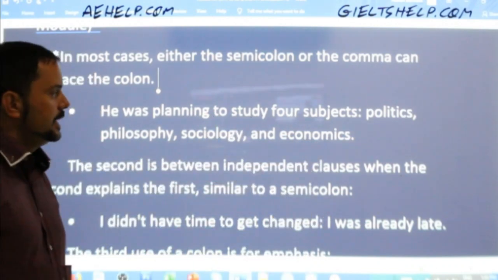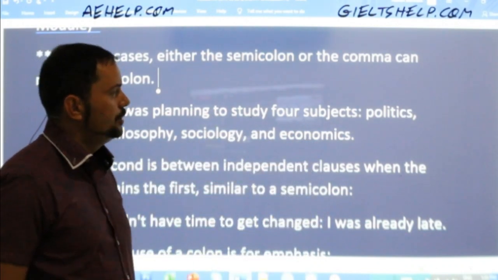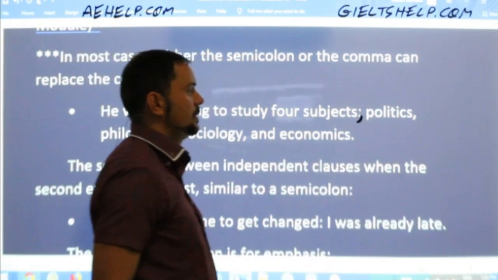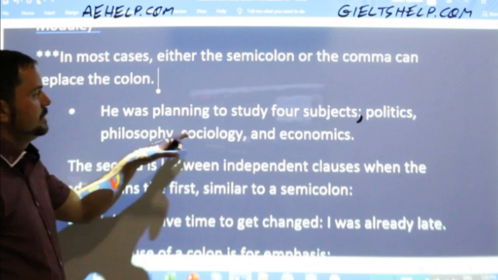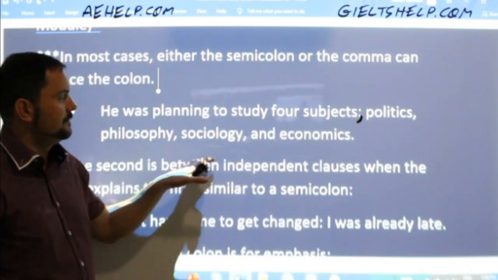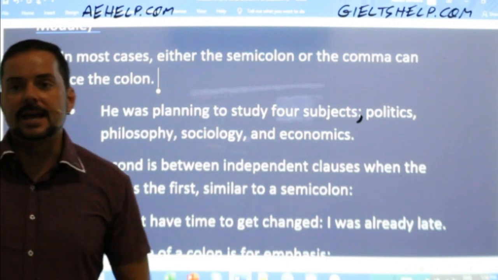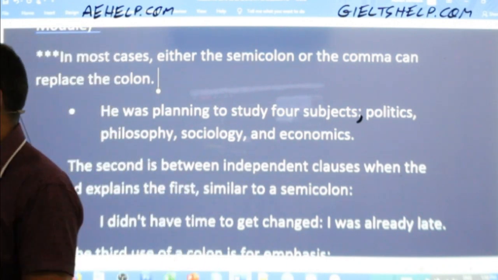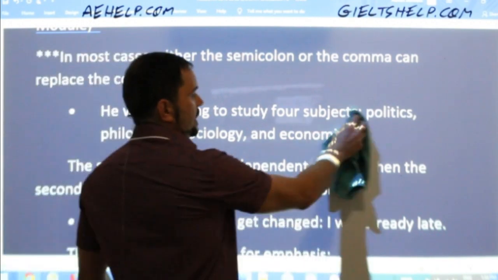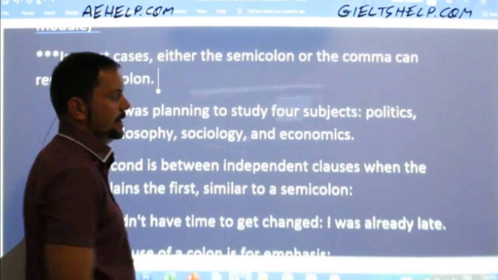Now, in this case, you could replace the colon with a comma. Okay? You can do it like that. You do not need to have the colon there. Okay?